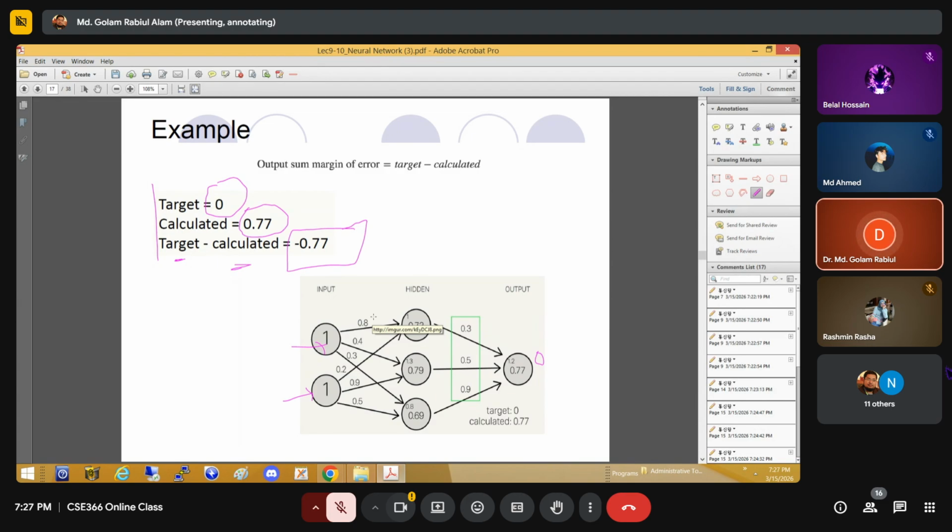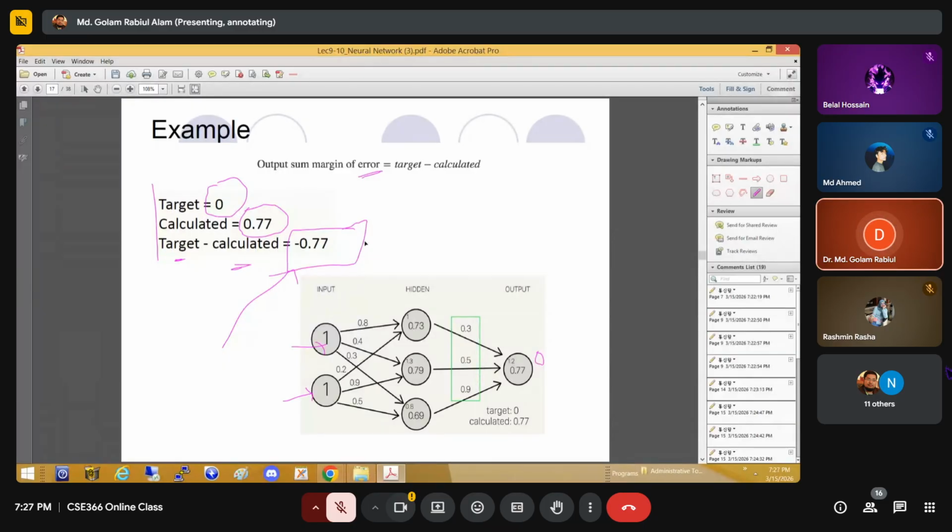So we can change the weights, and after changing them we will get maybe 0. We have to change the weights in such a way that the error will be minimized.